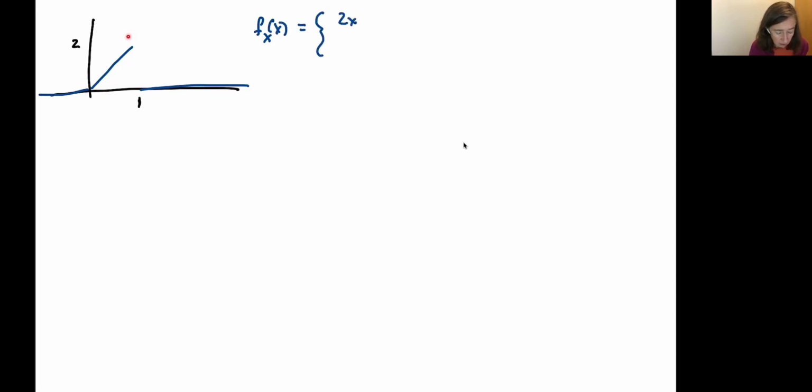Okay, so this line has a slope of 2. And that is for the range x between 0 and 1, and 0 everywhere else. And I believe we also found the CDF here by integrating.